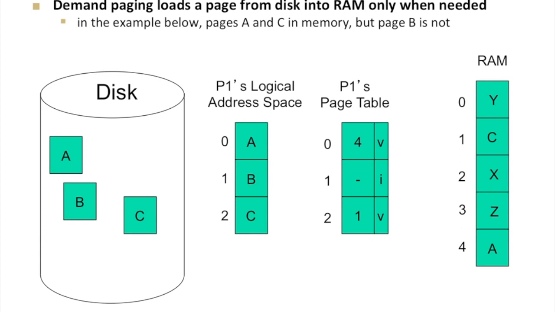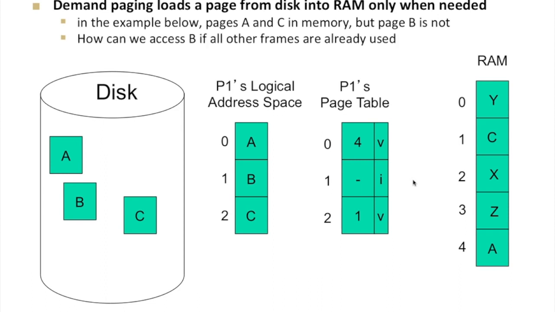The page table is allowing us to map between the virtual address space, the logical address space, and the physical address space in RAM. And you can see right here we have 2 out of the 3 pages for the process actually loaded, and 1 is not in memory. So we have A and C in memory, but page B is not.